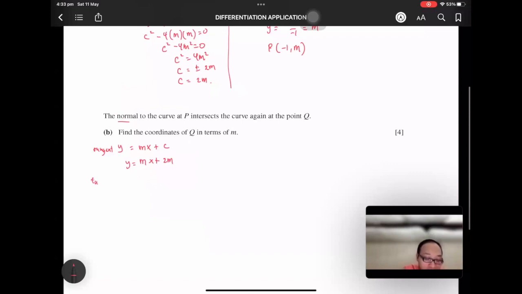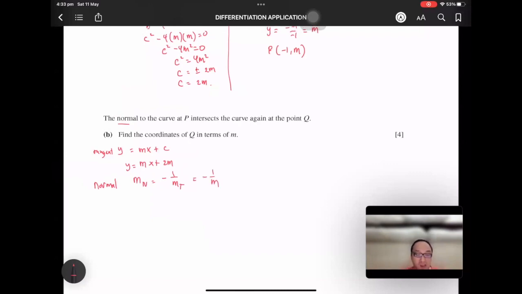Now the normal will have the gradient of negative 1 over the tangent gradient, which is negative 1 over m, because the gradient of the tangent is m here.